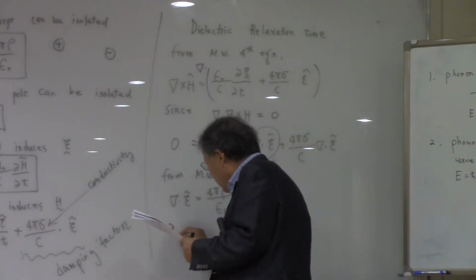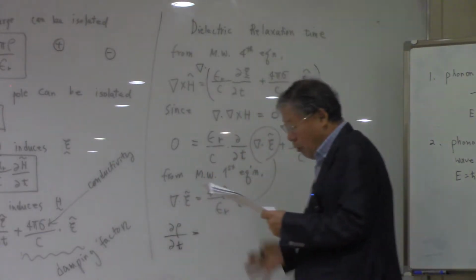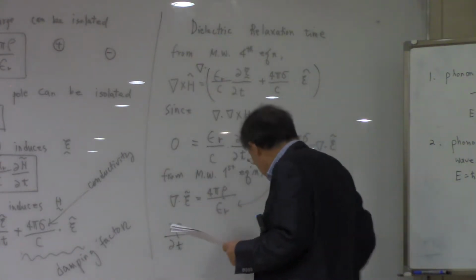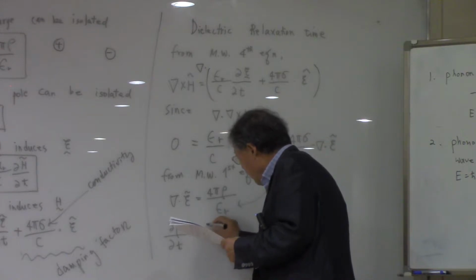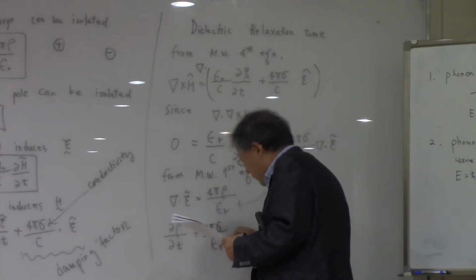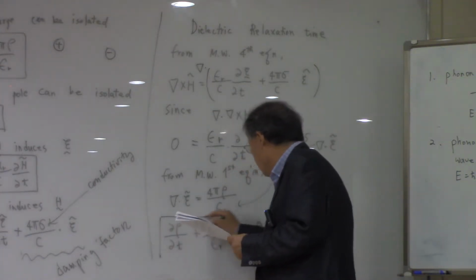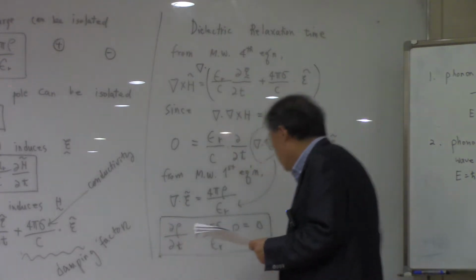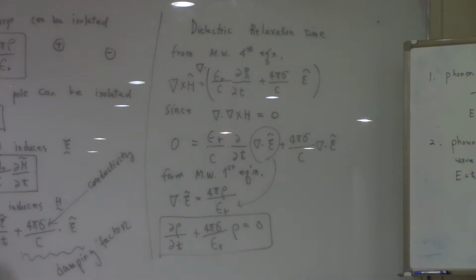Then we end up with the partial of rho over partial t plus 4 pi sigma over epsilon times the charge density equals 0, okay? And that's a simple first order differential equation.